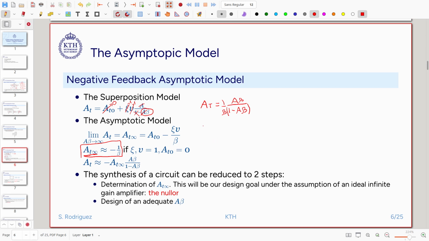And then my transfer function, as I saw when I make it infinite, will be equal to minus the ideal or asymptotic gain multiplied by A beta and divided by 1 plus A beta.